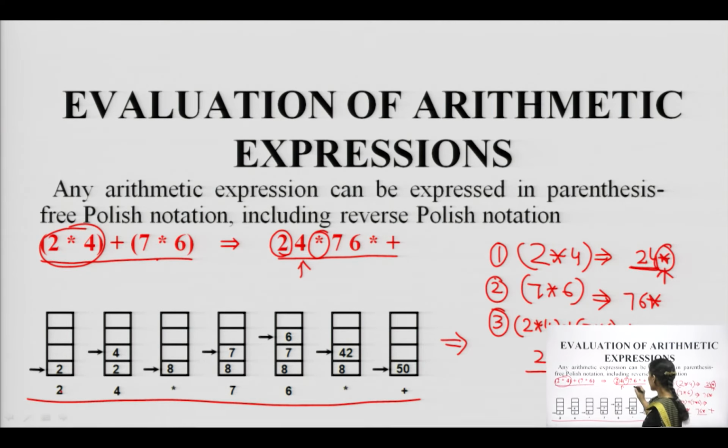Third, that is cross, as we have found cross, we will be doing multiplication between the last two elements, that is 2 cross 4 will be done, that is the result will now be 8. Next element in RPN is 7, that is again an operand.